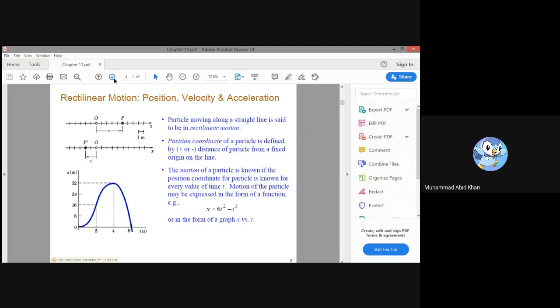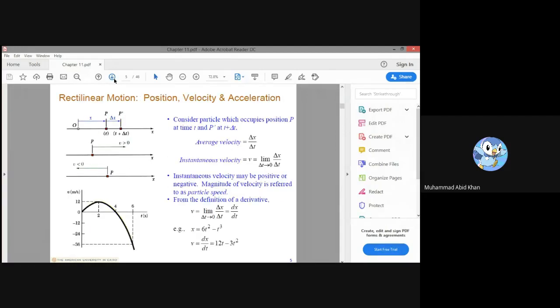Let's move on. Rectilinear motion: position, velocity, and acceleration. Let's consider a particle which occupies position P at time t, and P' at time t plus delta t. We wrote that equation here. If we want the average velocity, it is delta x over delta t.